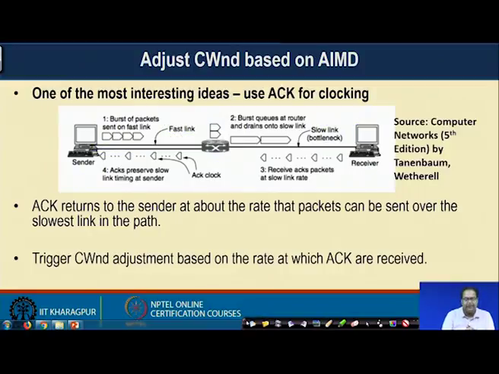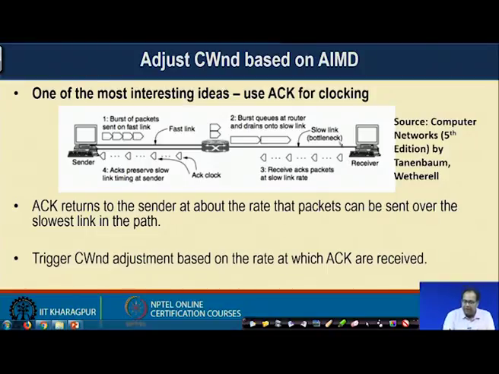Now, whenever you are sending packets, you send them from the sender in the form of a burst that traverses the faster link. Then in the slower link, because this link is slower, your packet will take more time to propagate to the receiver. Now, if you look at the acknowledgement, the rate of the acknowledgement will actually be the rate of sending packets at this slower link.